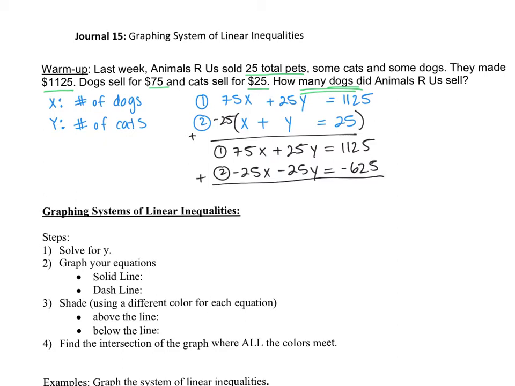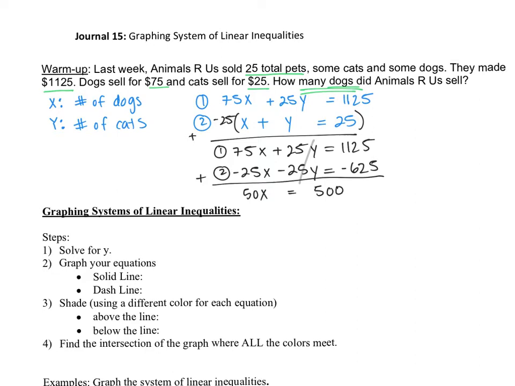And so if I were to combine them, then it looks like my y's cancel out as predicted since they're opposite signs and the same coefficient. 75 minus 25 is 50x, positive 50x. Bring down the equal sign, and 1,125 minus 625 is going to be 500.